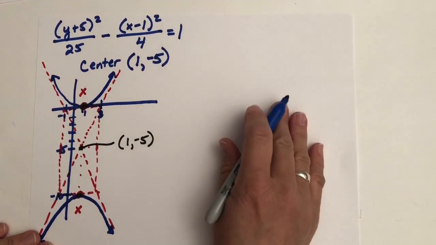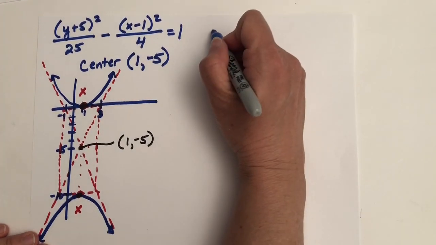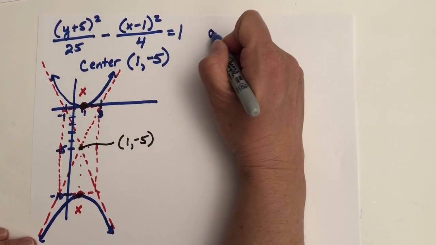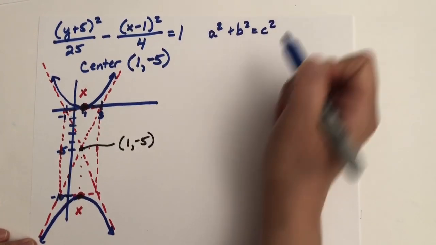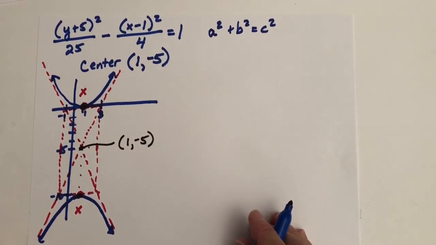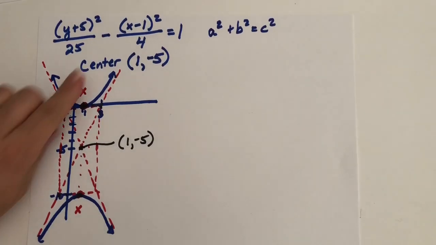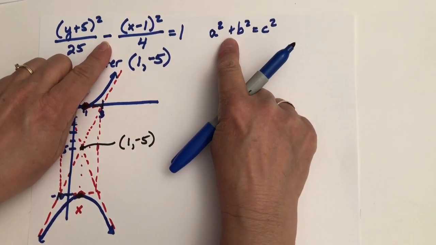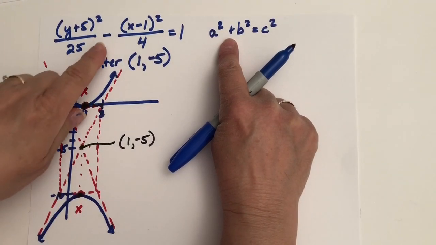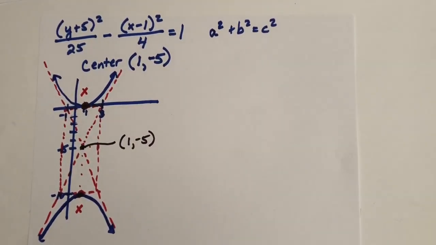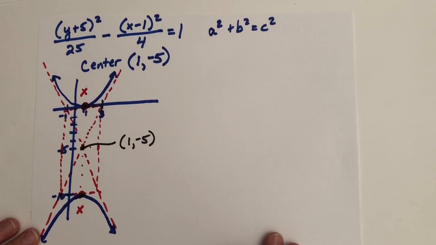remember the A squared, or let me say this first, the relationship we know is A squared plus B squared equals C squared for a hyperbola. For me, I like to remember if this is a minus, this is a plus, as in the case of the hyperbola. In the case of the ellipses, this is a plus and this is a minus. But let's keep going with this one.